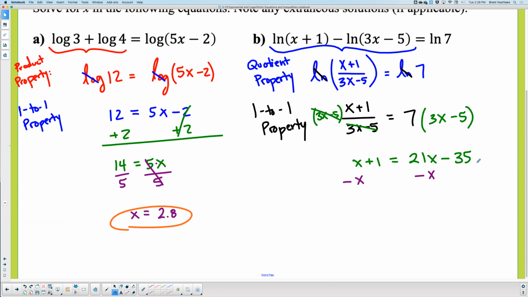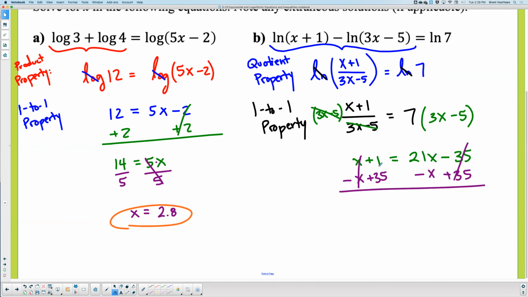How do I get rid of a negative 35? Let's add 35. We are combining like terms right now. Those 35s simplify as opposites. These x's simplify as opposites. 1 plus 35 is 36 equals 20x. Good. We've got one step left here.